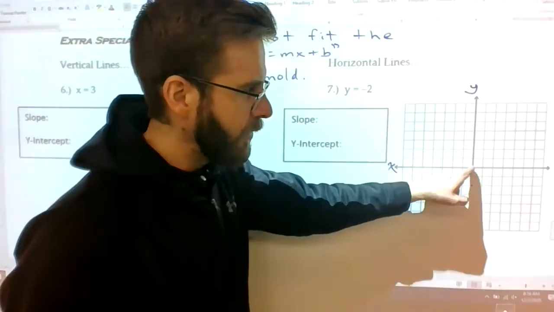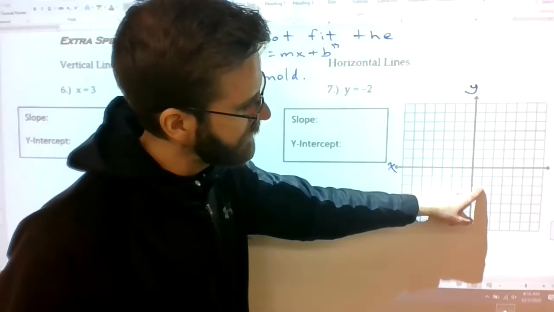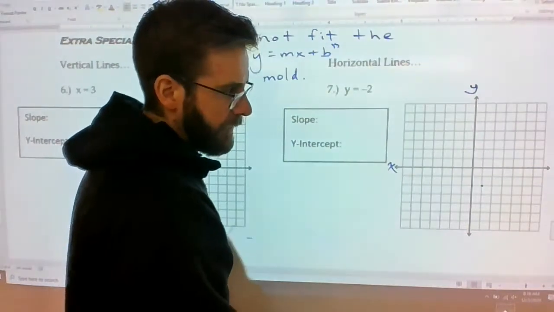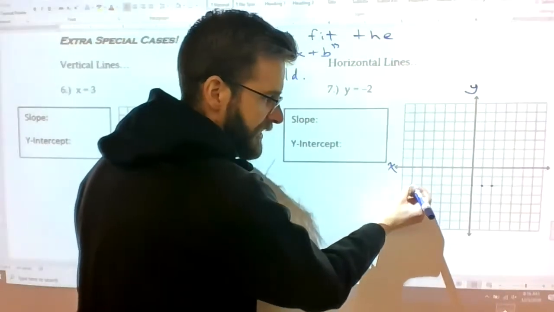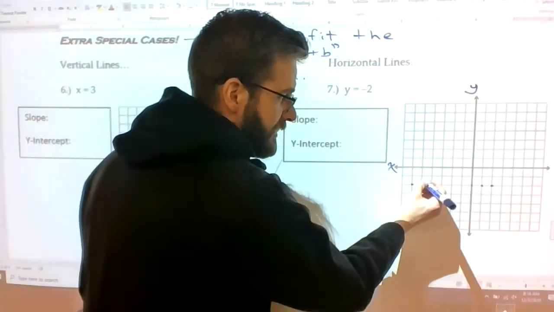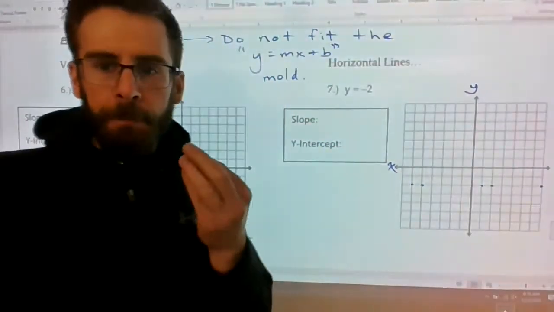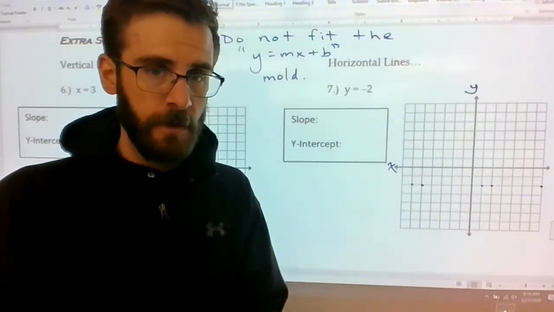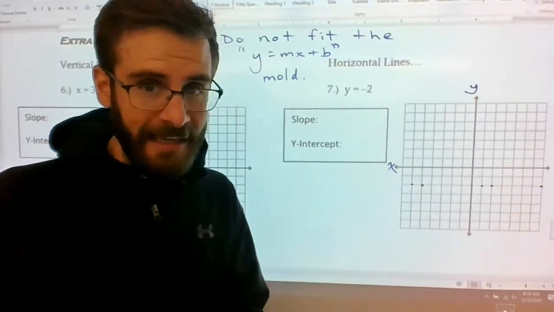Well, what about 1, -2? The y-coordinate also equals -2 there. Well, 2, -2. The y-coordinate's -2 there. -6, -2. -5, -2. 7, -2. All of those are points on the graph in which y equals -2.